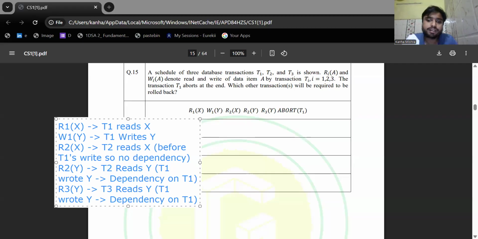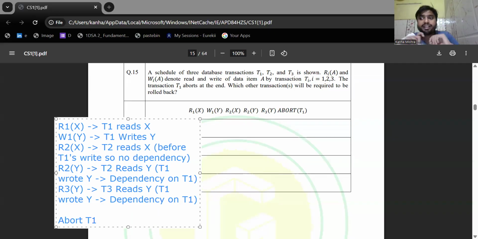After that, abort T1. So if I abort transaction T1, then all the dependent transactions as well, since the data is not committed, it is uncommitted data. If I abort T1 now, then the dependent transactions will also roll back due to the cascading rollback concept.